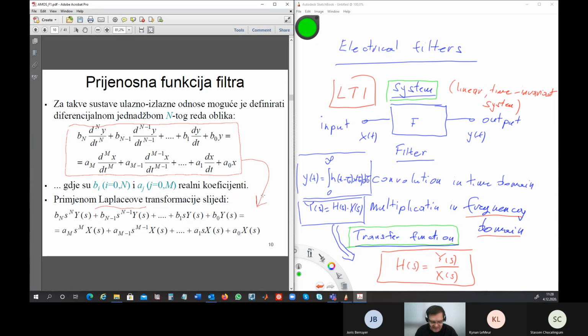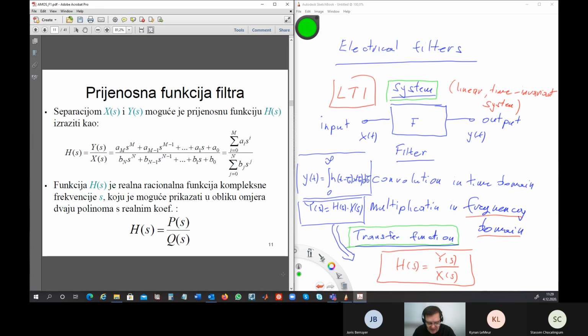This is how it looks in the frequency domain. So the transfer function looks like this. When you try to learn, you don't need to translate these slides on the left side. You just have to listen and see what I'm writing on the right part. Okay.